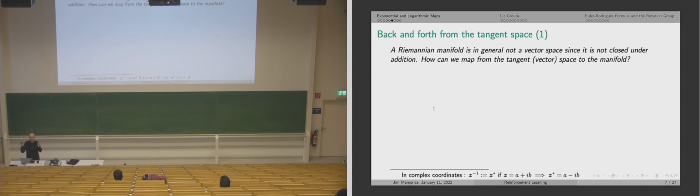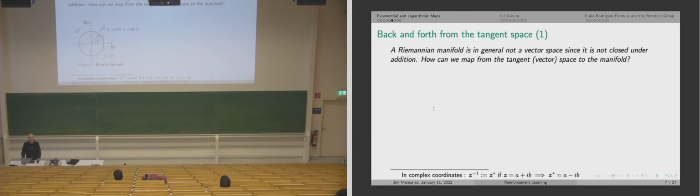So if you're on the surface of the sphere and you add two points from that manifold, you will end up outside of the manifold. So you cannot do algebraic operations on the manifold. But you can do that on the tangent space. So we saw last time that the tangent space is a vector space. So we would want to do a lot of the calculation in the tangent space. So how can we go back and forth between the tangent space and the manifold?